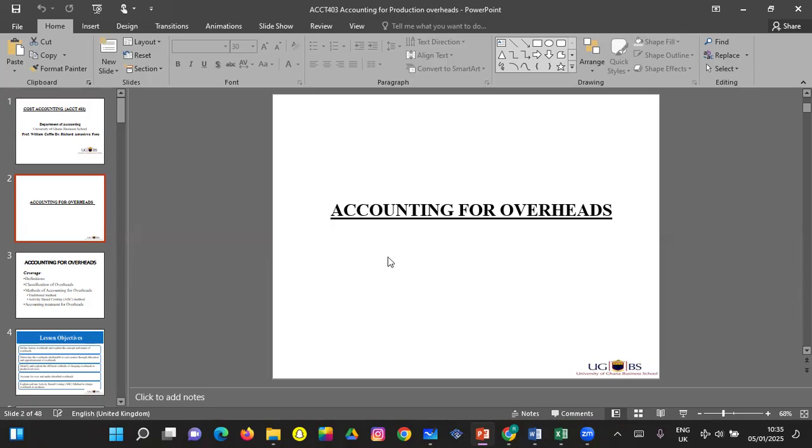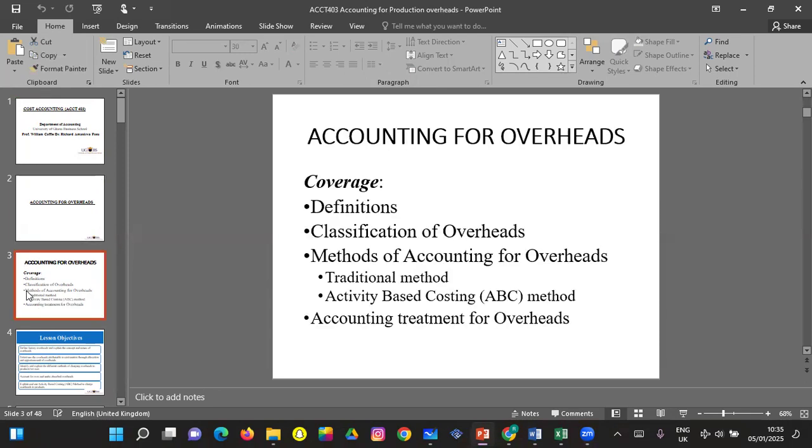So today we're talking about accounting for overhead. We've spoken on accounting for labor and also accounting for material, or inventory. Those are the direct costs. Now we are moving on to overhead, which is the aggregate of all indirect costs.